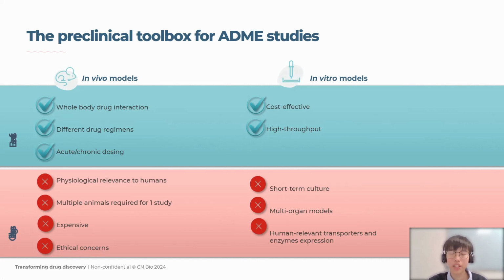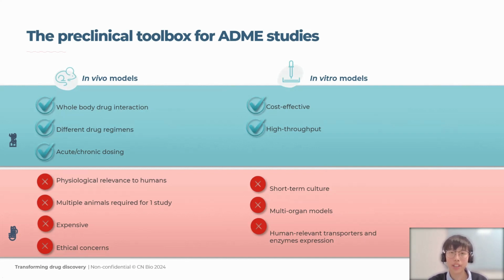Some of the challenges associated with animal models can be addressed by in vitro models. Most of the cell lines are relatively easier and cheaper to manipulate, which could offer a more cost-effective and high-throughput solution compared to animal models. However, some limitations include the short-term culture, and it has also been really challenging to culture a multi-organ model using the in vitro approach.